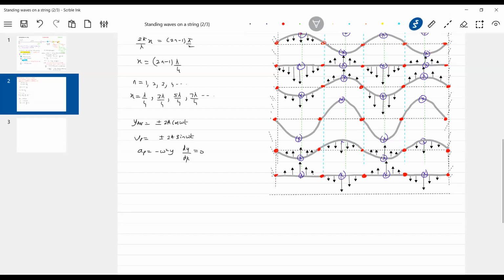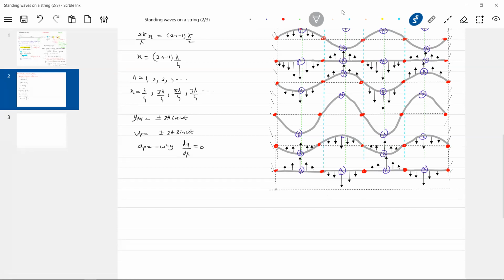The rope is here, so it should move up, no? Okay. This will have maximum speed.